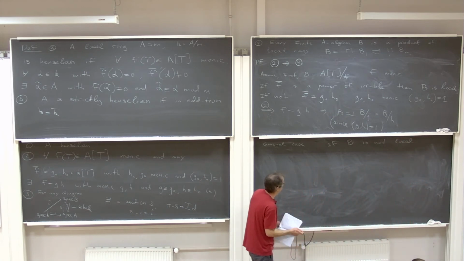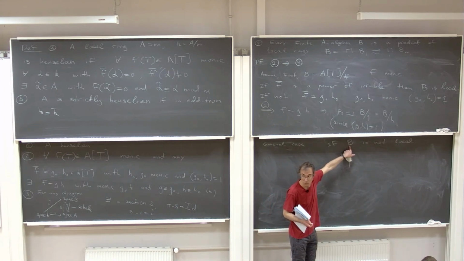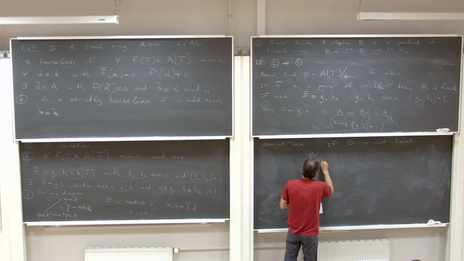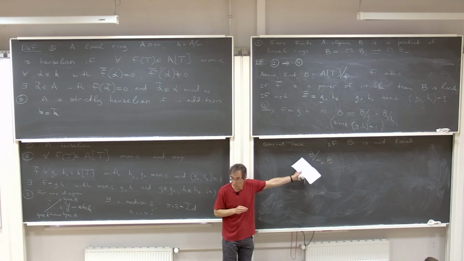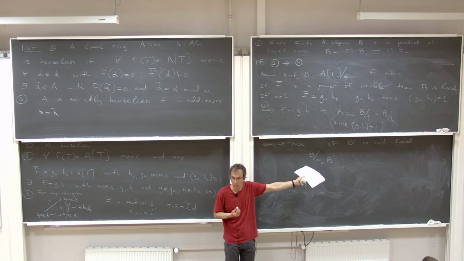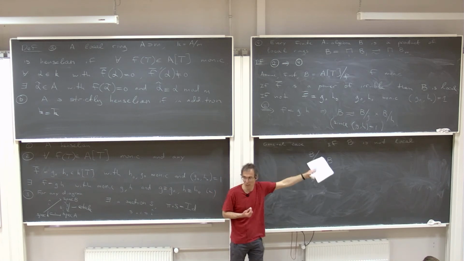Then B modulo the maximal ideal in A times B is also not local, but this is an Artin algebra, right? It's a finite dimensional algebra over a field. So every finite dimensional algebra over a field is a product of local algebras, right? Just connected components of the spectrum.